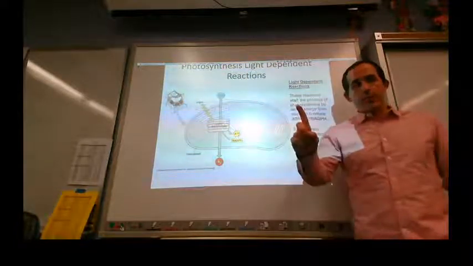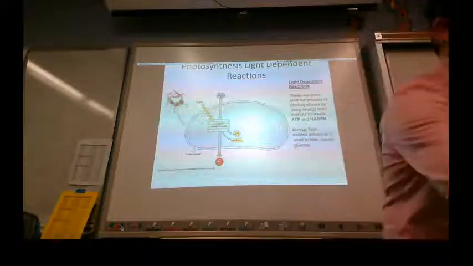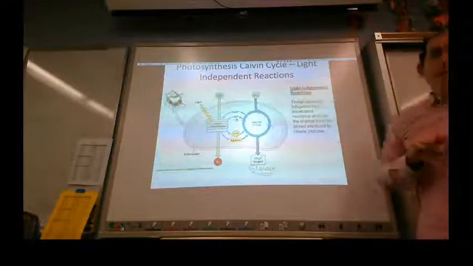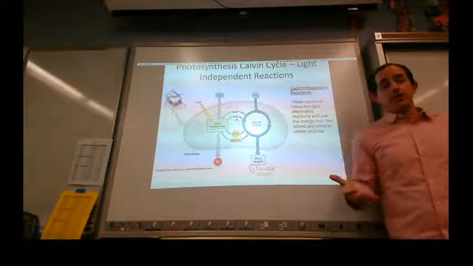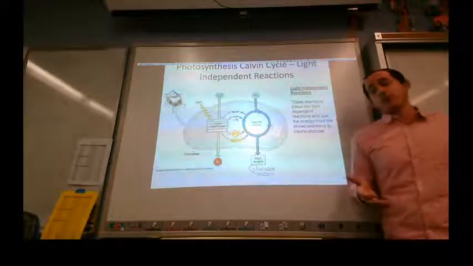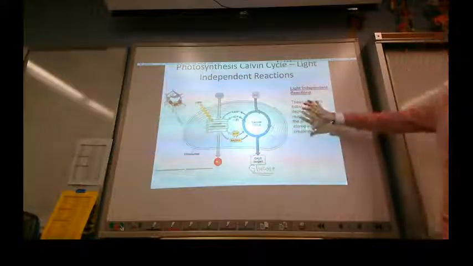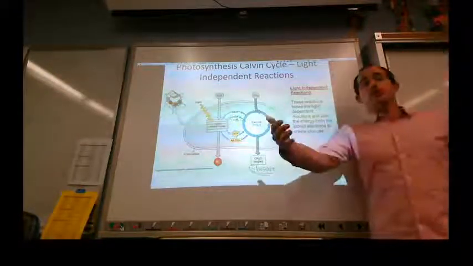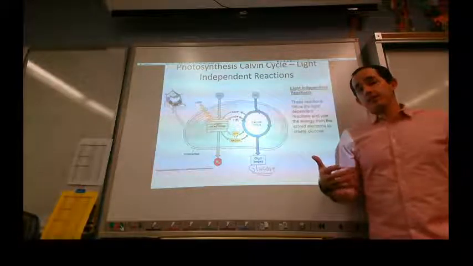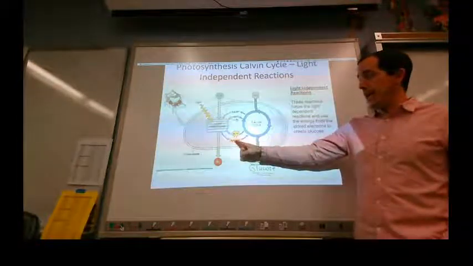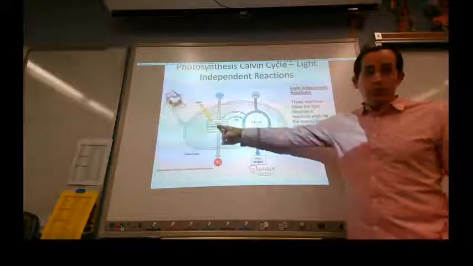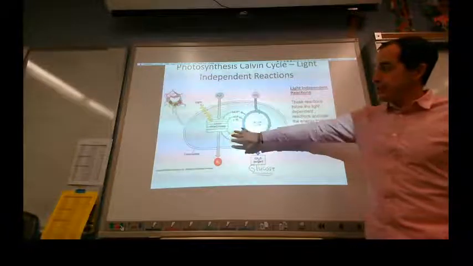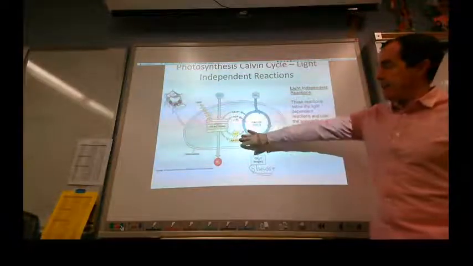Okay? That's part one. Part two, for our overview, is what's called the light-independent reactions, or the Calvin cycle. You may remember that from sophomore year. Okay? So the light-independent reactions use the materials ATP and NADPH that were created over here. The light-independent reactions use ATP and NADPH.